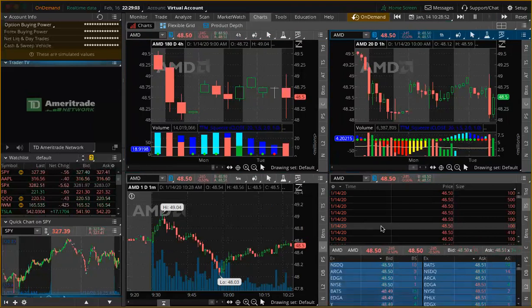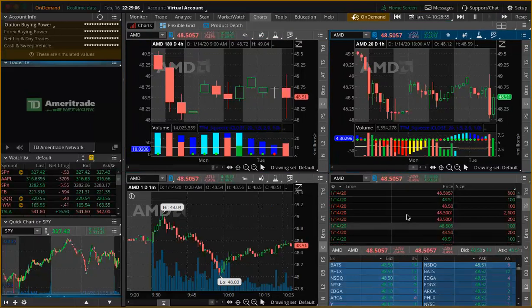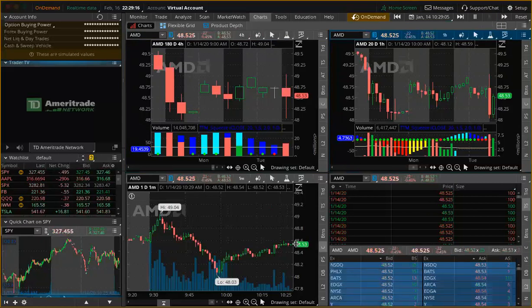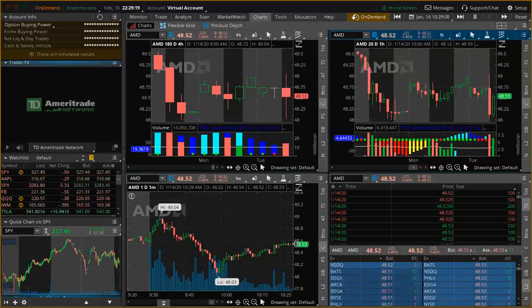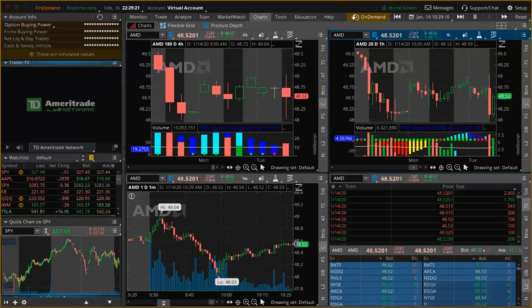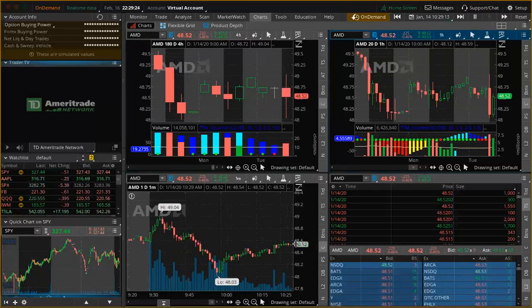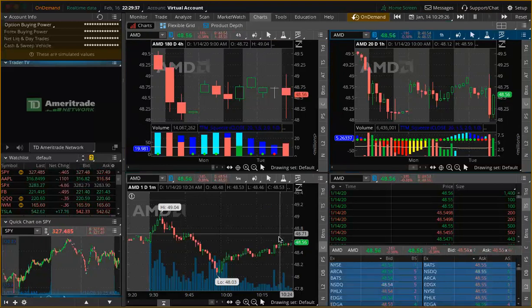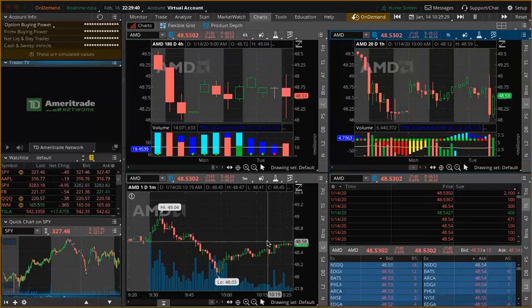I sold at 10:32. So it tapped that 48.50 level, rejected, bounced off that support, boom. Testing it again, bouncing off, trying to break this 56 range.